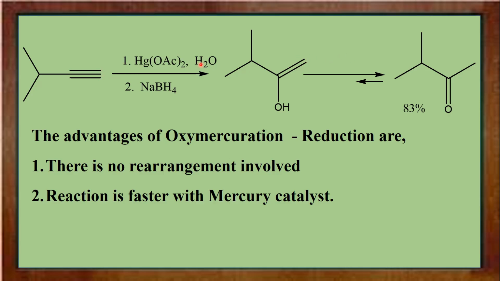So the CH becomes CH2 here, and then OH group is added to the more substituted carbon, and this is again an enol, and this enol undergoes tautomerism to form a ketone. So the advantages of oxymercuration reduction reactions are there is no rearrangement of carbocation taking place here, and the reaction is faster with mercury catalyst.